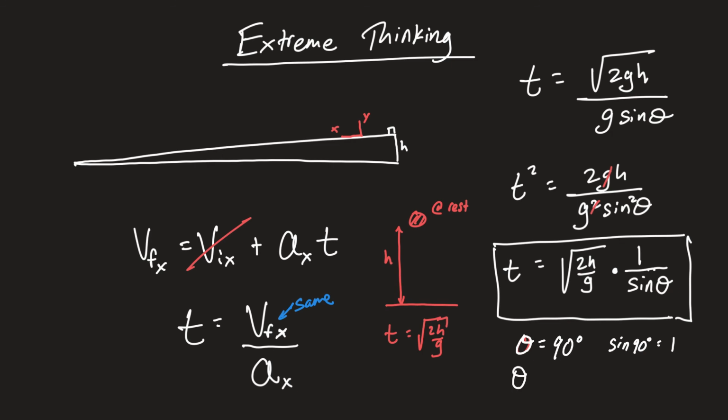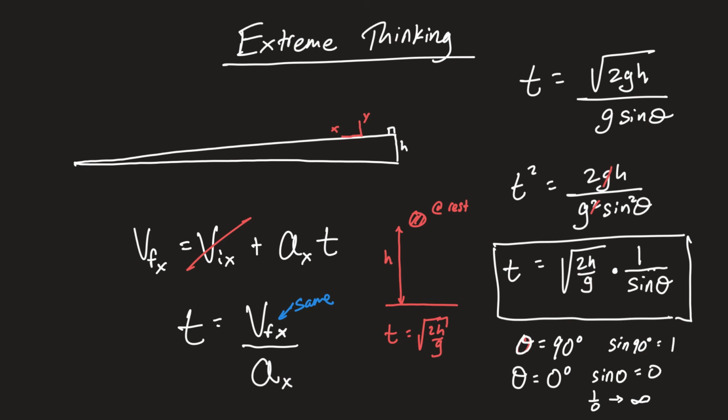What about if theta was really, really small? Well, if we try 0 degrees, we kind of get into a problem. Sine of 0 is 0. So then you get 1 over 0, which approaches infinity. I don't want to get into undefined in math and stuff like that, but we'll just say infinite. And then something times infinity is infinity, so it would take an infinite amount of time.